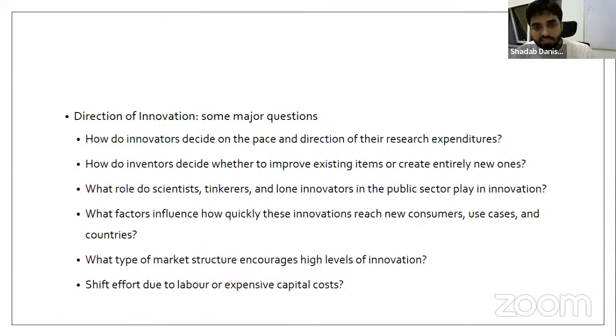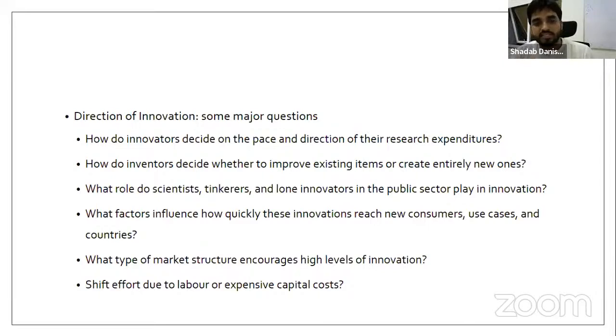How do inventors decide whether to improve existing items or create entirely new ones? In any organization, there can be two types of innovation: product innovation or process innovation. Should they do process innovation, or bring a new product in order to capture the market? What will be the strategy? One can use a direct questionnaire method to understand the innovation ecosystem in the country.